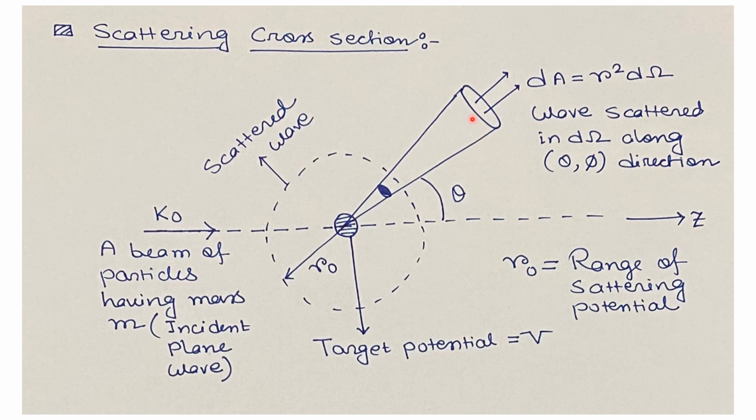So the cross section through which some particles are getting scattered is dA equals r squared times the differential solid angle d omega, which is shown here by the dark region. So through this differential area dA, the scattered wave or particles will be scattered in d omega along theta and phi direction in the three-dimensional spherical polar coordinates.